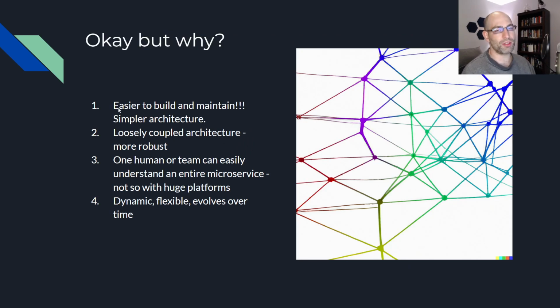The primary reason is that microservices are easier to build and maintain. It's a simpler architecture. So rather than have one big thing that has all these internal parts that have to communicate and be fine-tuned, and if one part breaks, it can make something over here break, by decoupling all that, it is a simpler architecture. It's more like a web.